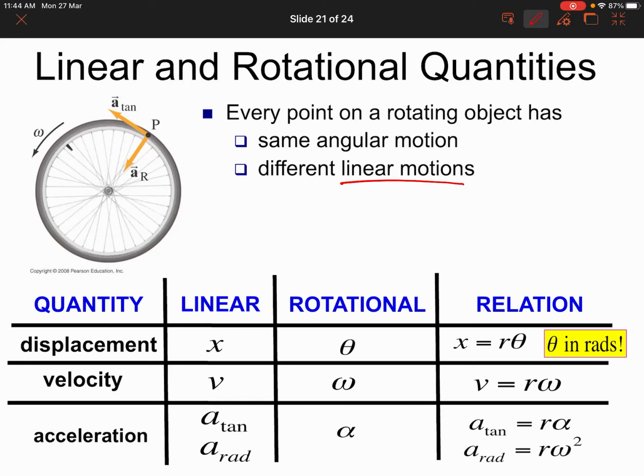If we think again of the example of a wheel that's rotating, if we use this as the reference point, and you rotate over some angle theta, then you have this corresponding linear displacement. But if you use a much bigger wheel and rotate it over the same angle, a much bigger wheel will have a bigger linear displacement.